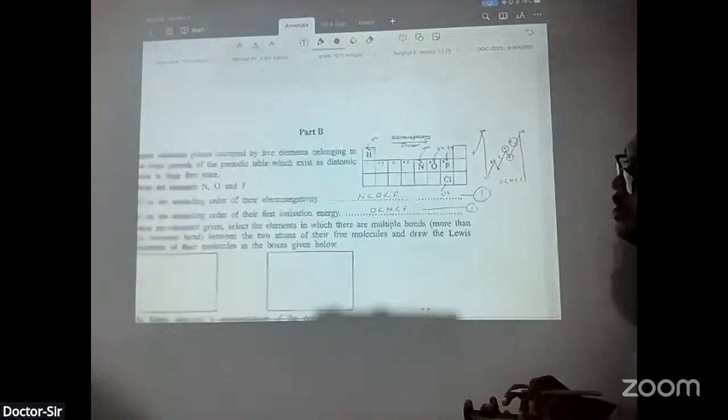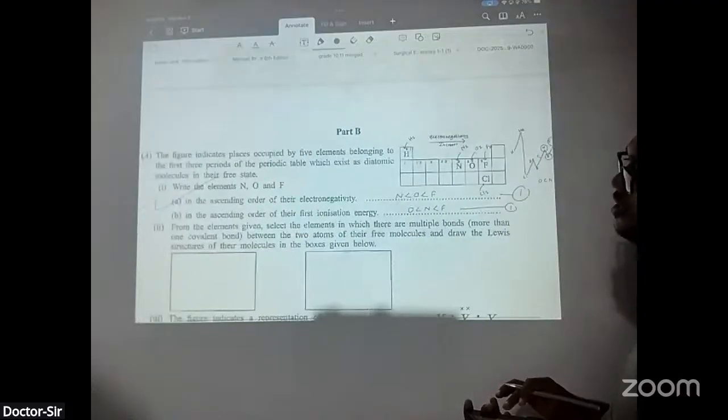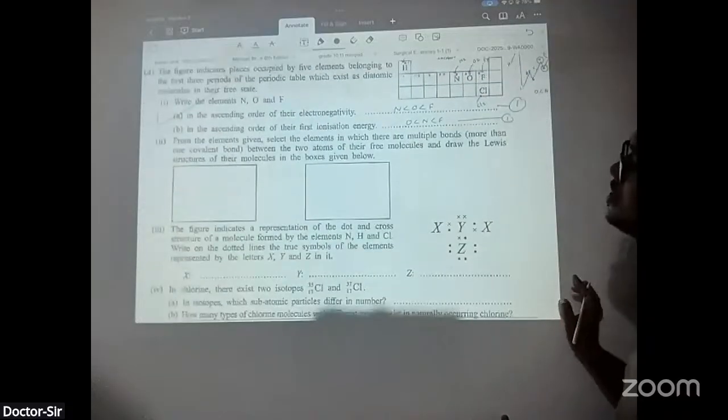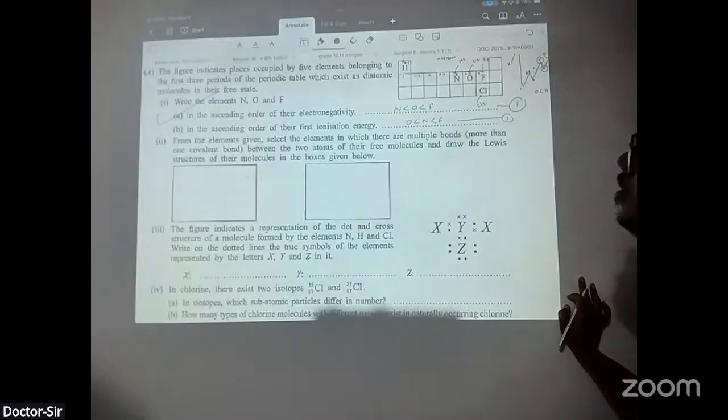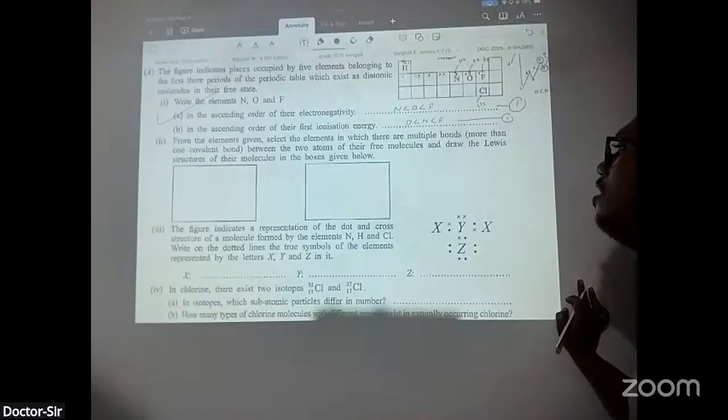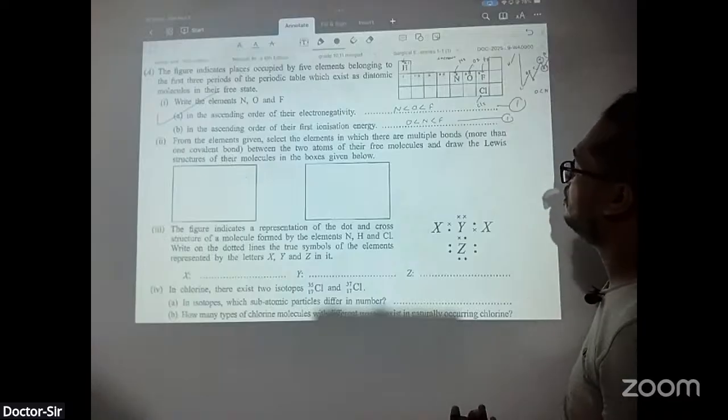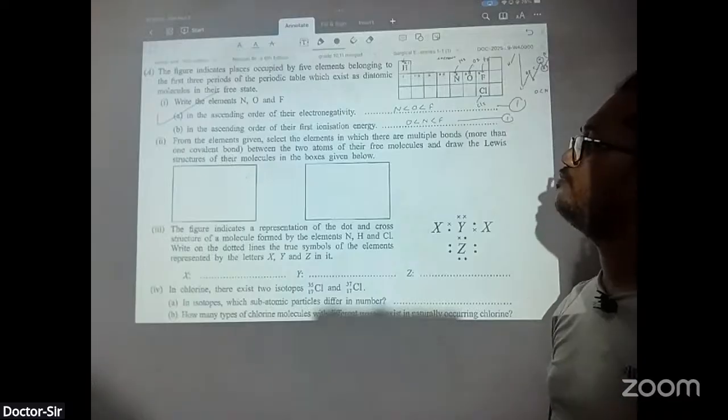Right. Now we will move on to the next part. For the selected elements which have multiple bonds, more than one covalent bond between two atoms, draw the Lewis structure of the molecule in the box. Who are the ones that form multiple bonds in a molecule?